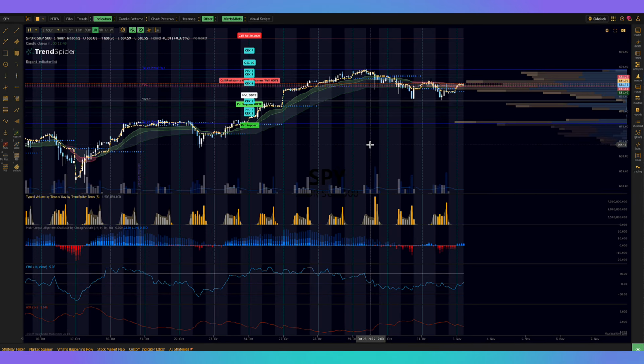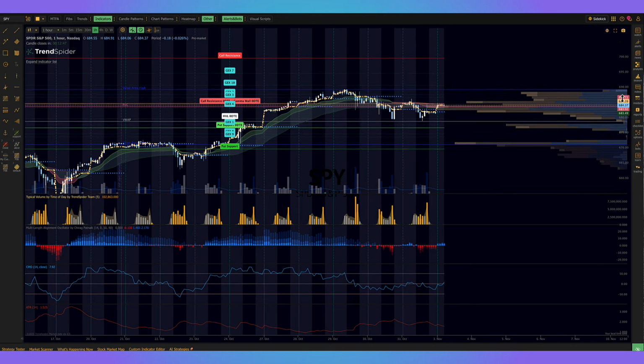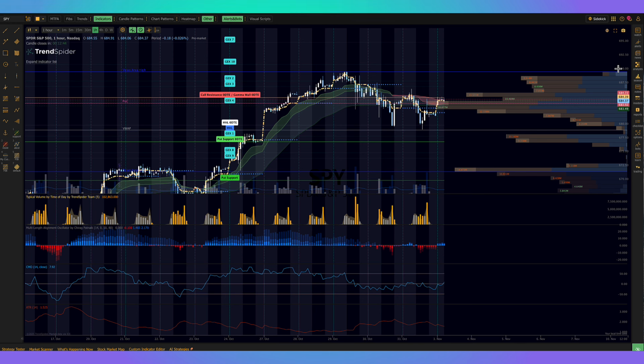Take a look at the compression in SPY. All right, the 0 DTE call wall, they're dancing up against it. It's 685. For the SPY, the 0 DTE put wall is 678. Chances are very likely that this is the floor at 678.